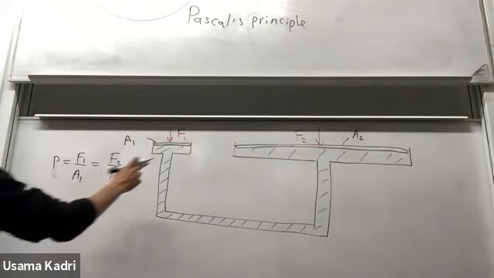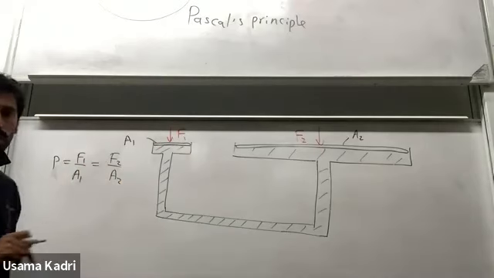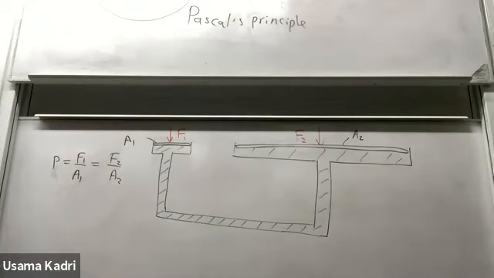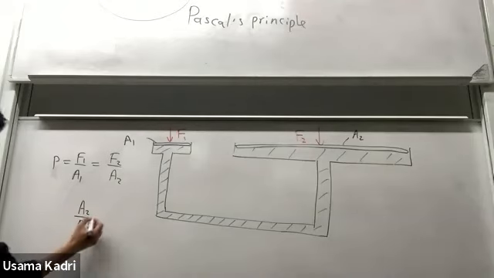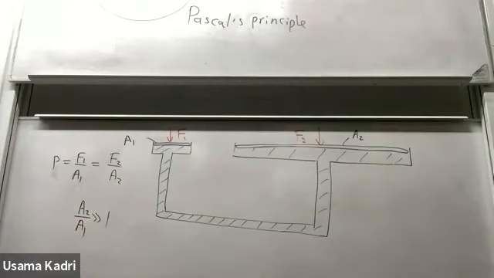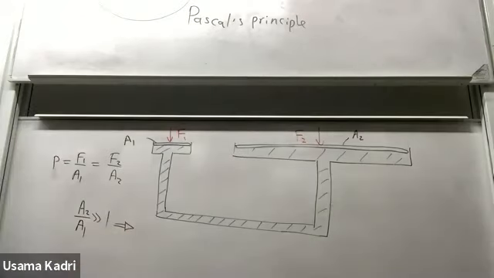But because I can write it one time as F1 over A1 and F2 over A2, then if I have A2 over A1, which is much, much larger than 1, this has a consequence, right?